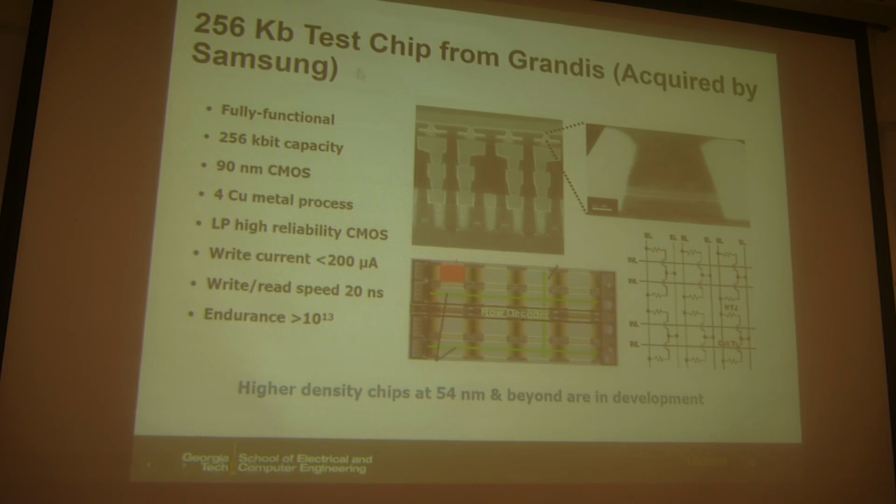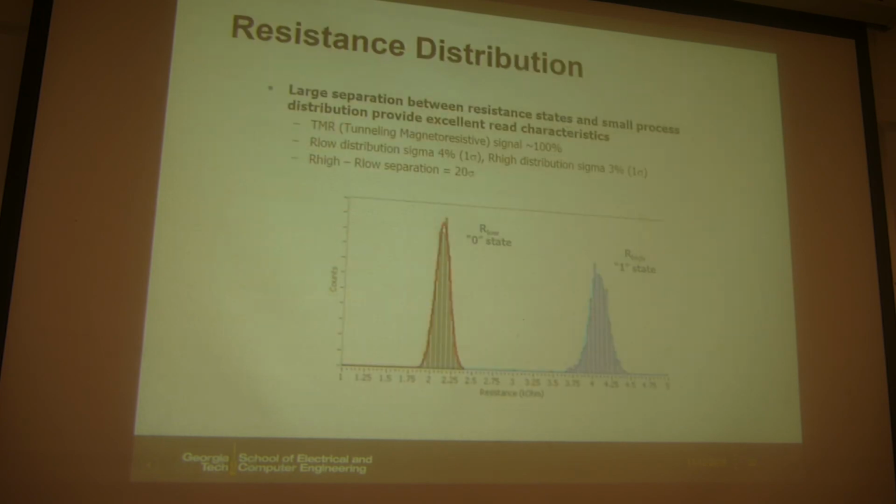Here are some test chips from a startup company called Grandis, acquired by Samsung later. This is some demonstration, a 256 kilobit chip at 90 nanometer CMOS, and you can read the specs here. This is 1T1R. And here are the distributions of the resistance of the anti-parallel and parallel states. You can see the on-off ratio and the distribution in terms of sigma.